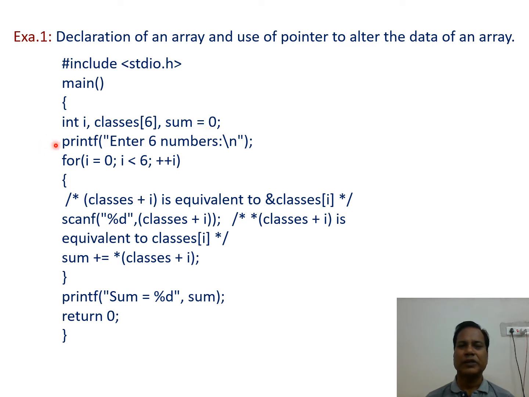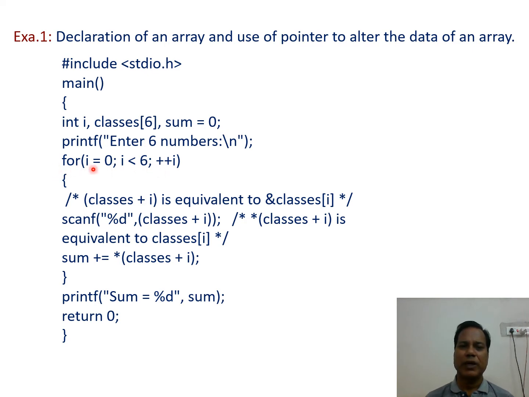Then the next statement is printf("Enter 6 numbers:\n"). So this message is printed on the output screen and the cursor goes to the beginning of the next line with \n. Then, reading this message, the user enters 6 numbers that are taken in and stored as elements of the array using the for looping statement.